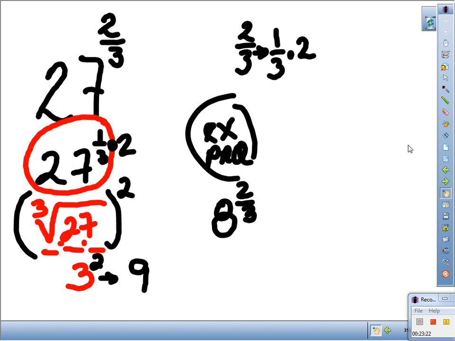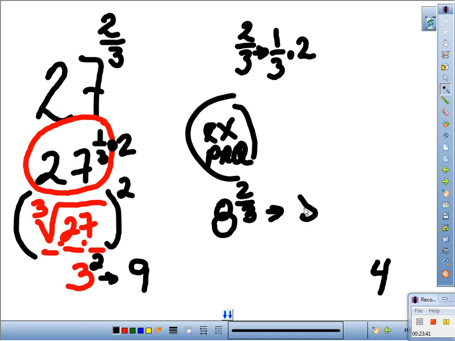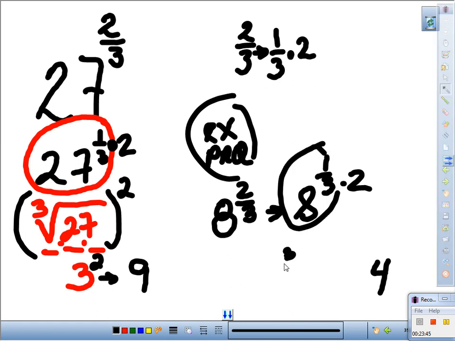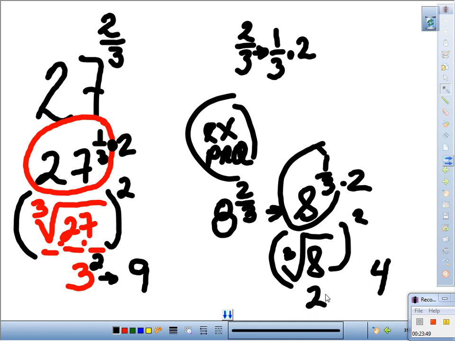Helena, what'd you get? Close. Justin? 4 is correct. This became 8 to the 1/3 times 2. This becomes cube root of 8 to the second power. This becomes 2 to the second power, which is 4.